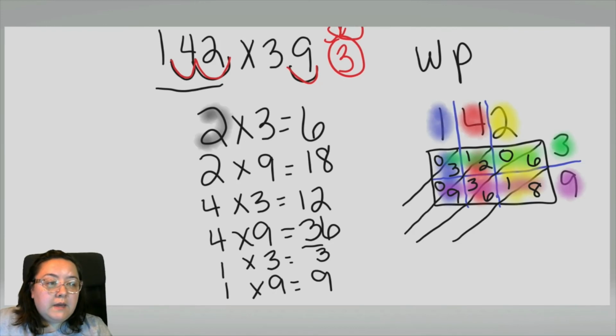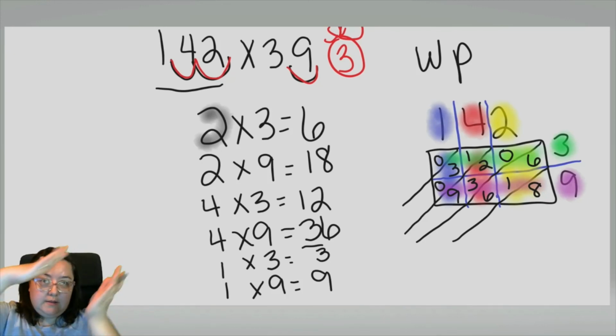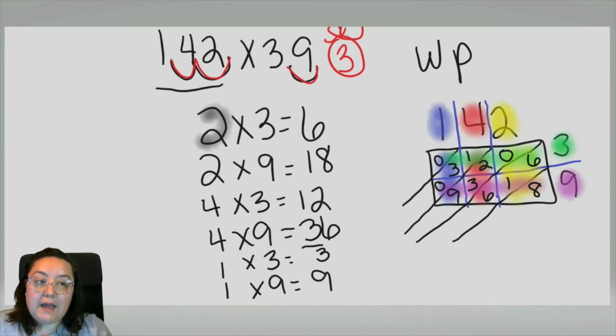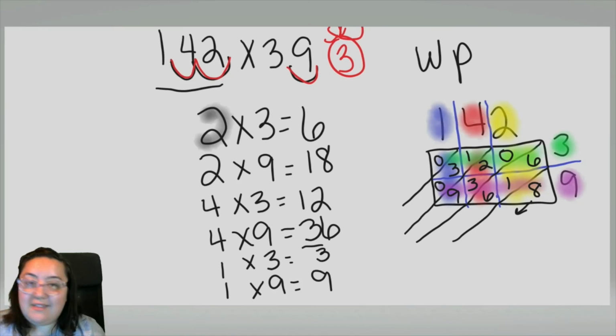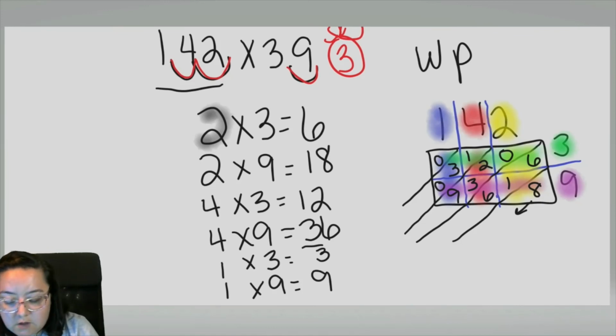So now that we have done the multiplication, we've gotten all of the multiplication out of the way, we have to add the numbers within the same set of diagonals. Now this first number here, you always just bring it straight down because there's nothing to add it with. So we're going to bring our 8 down.